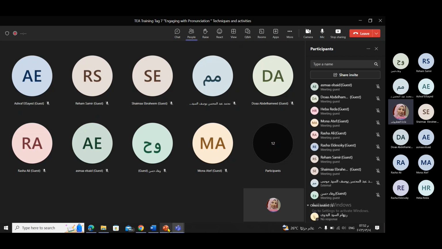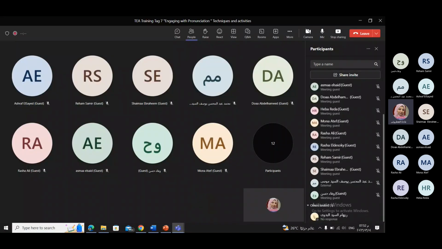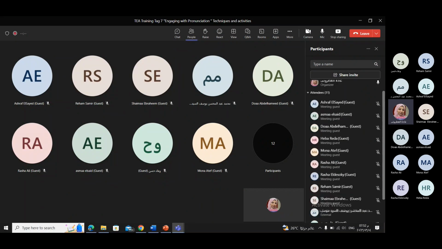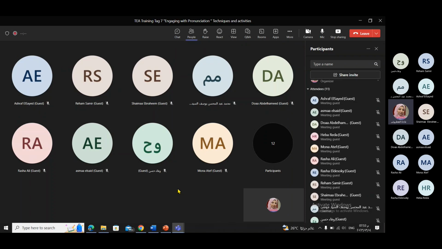Do you agree with that? Okay. Is there any problem if you unmute yourselves, guys? I think you can unmute yourself and speak up.